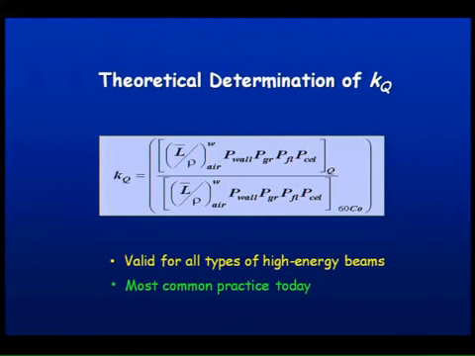We spent all day yesterday understanding how to calculate some of these perturbation factors as a function of beam quality, and I'm sure Dave will spend a significant portion of his time telling us how some of these calculations were done for the data given in the protocol.